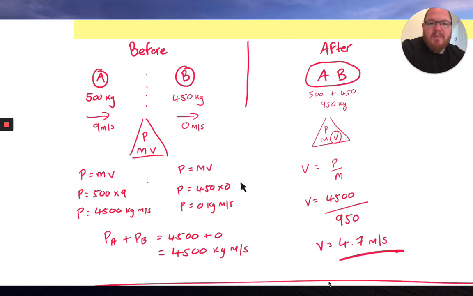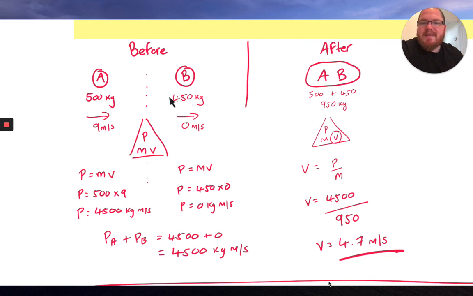I've used this momentum this side to work out my velocity. Okay, I've combined the masses there. So I've got a total mass of 950, which is on the bottom there because V equals P over M. My velocity here, my momentum is from this side. So that's why it's 4500 over 950. That gives me 4.7.